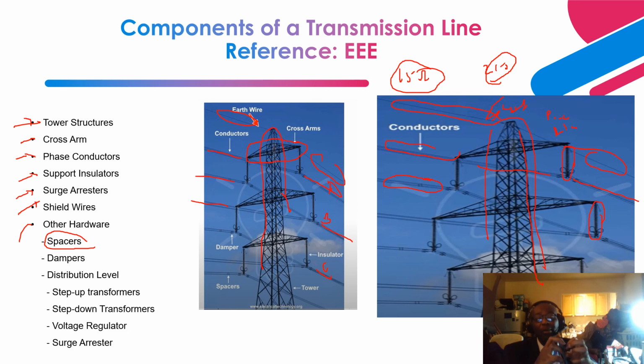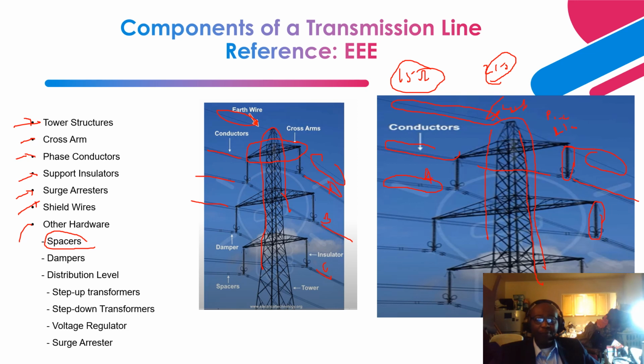That is when you bundle them together. If you bundle them together, there's a spacer that holds these conductors in place, because the goal is to prevent the conductors from clashing into each other when you have a gust of wind, and also to maintain the space between those conductors, and also between phase to phase.